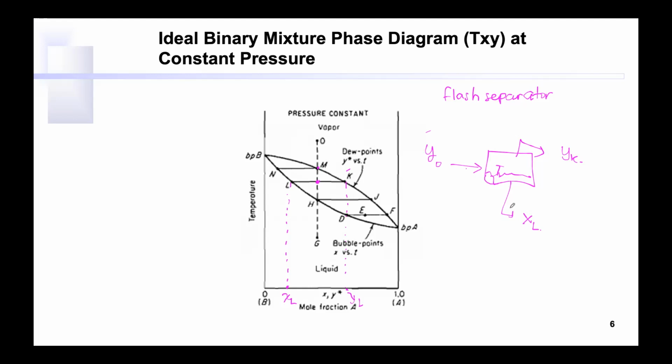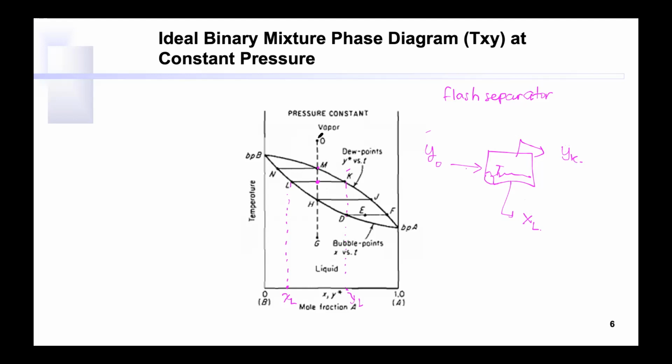Why, if we add up YK and XL, is it not 1? Maybe we can get 1, but the 1 is for the amount, the total quantity.